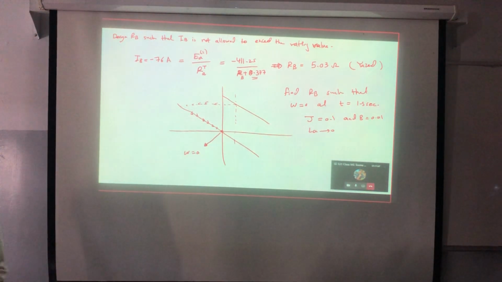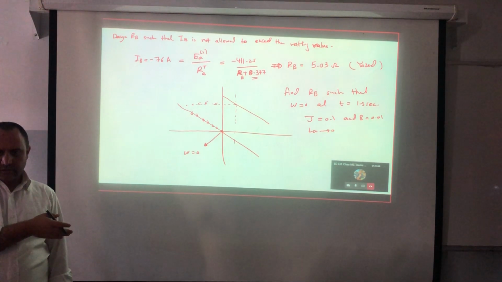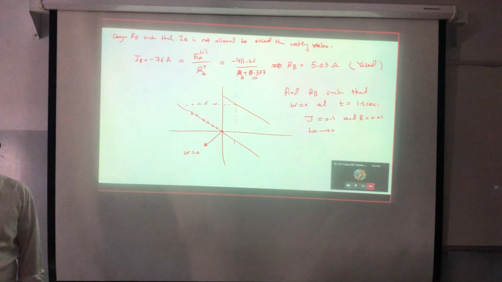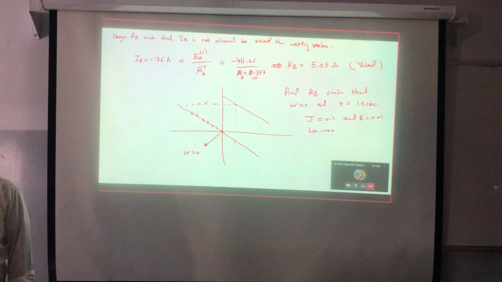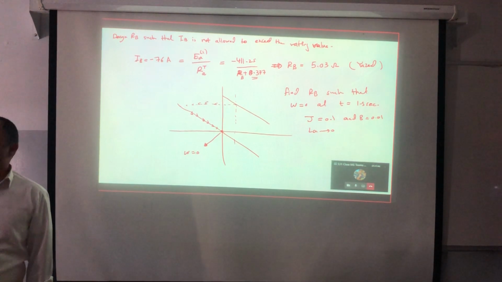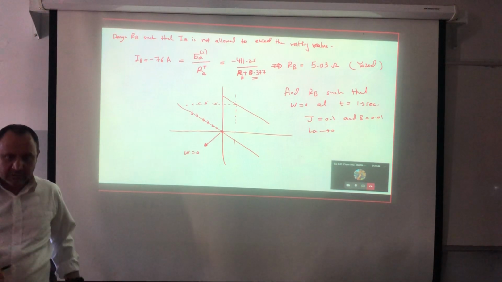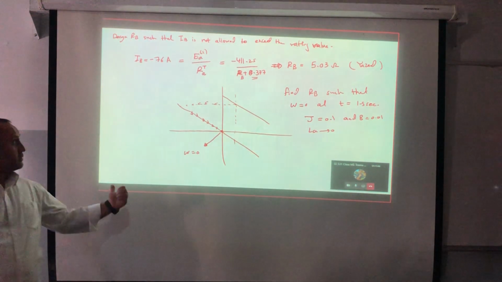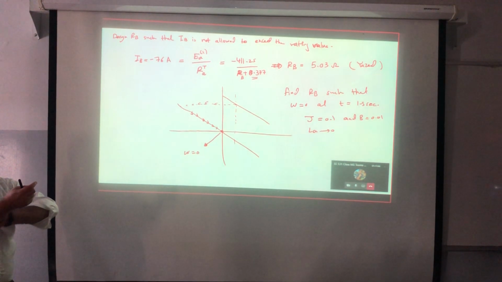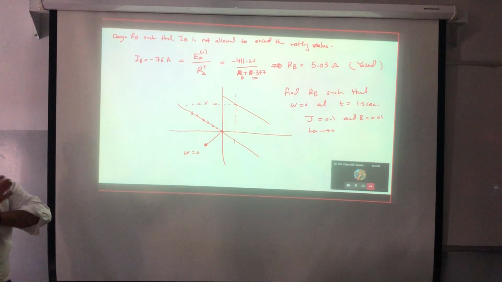I only need to deal with a first order ordinary differential equation for the mechanical part. Otherwise, I need to deal with a second order differential equation: one to describe the current, and the second one to describe the speed, the mechanical part.